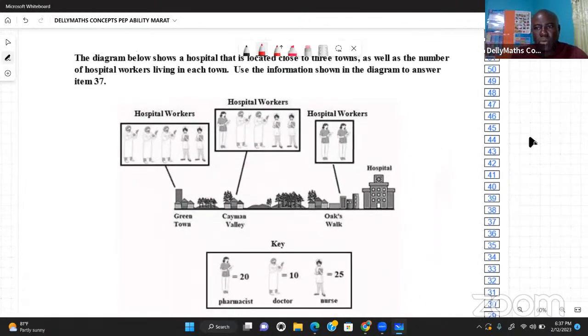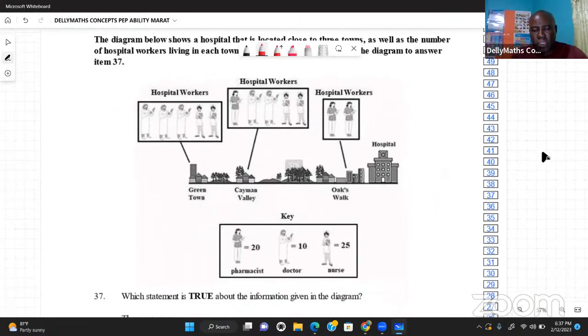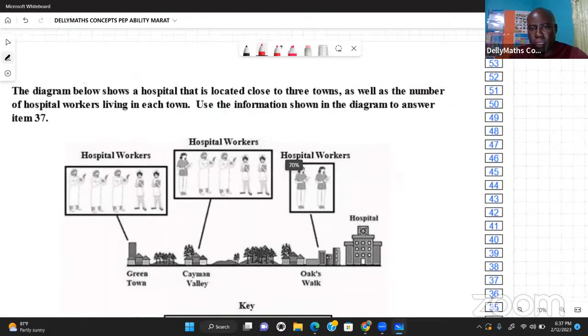All right, this one again, we have to observe carefully. There's a key there. I'm not sure if this is actually clear, but I could just walk through it. It's clear to me, but I don't know if you're seeing it as clearly as I am on screen because it's slightly pale. Let me read the instruction here. Let me see if I could blow this up as big as I can.